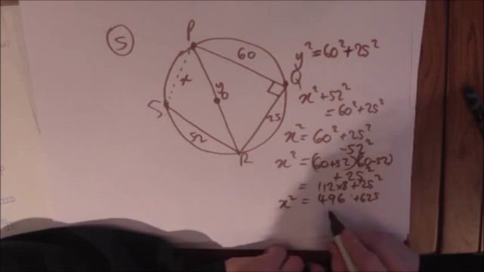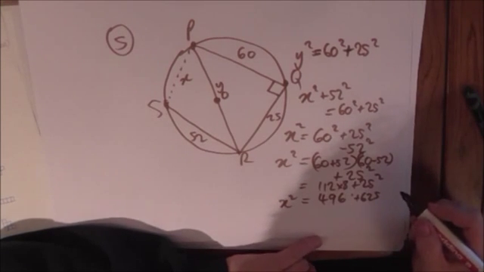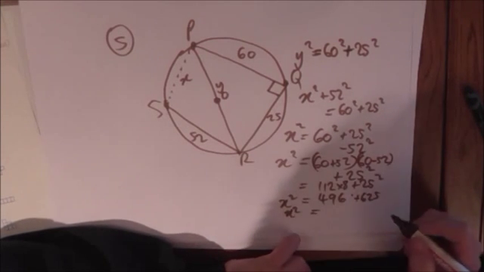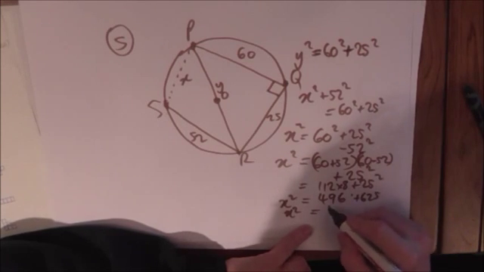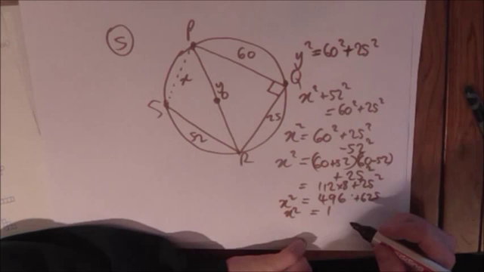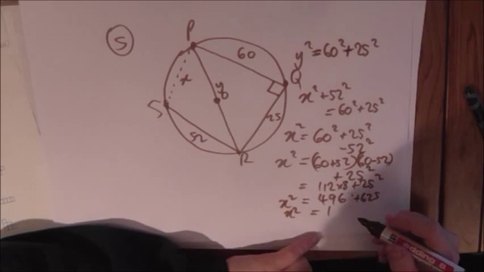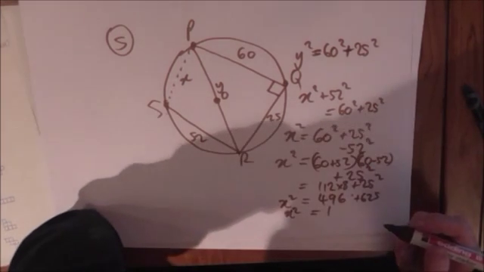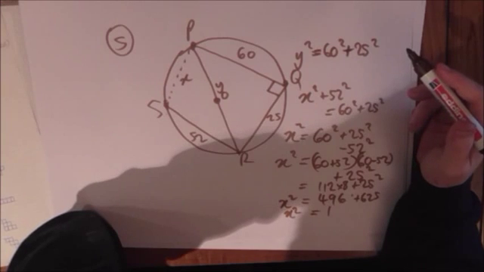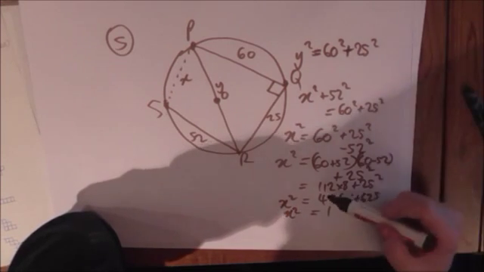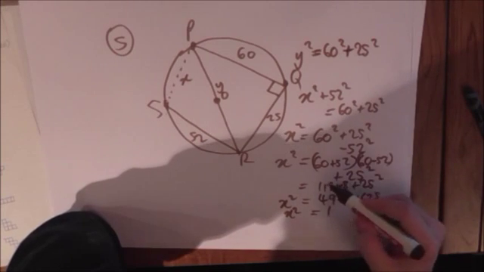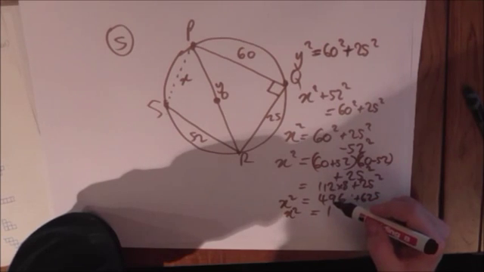So x squared equals that plus that, which is 1000 and pretty sure I made a mistake here. Sorry, wait on, that's not 496. Double once, 224. Double again, 448.